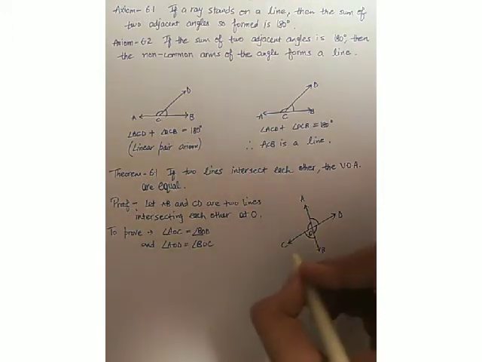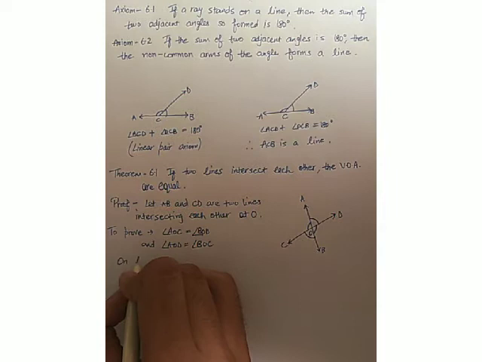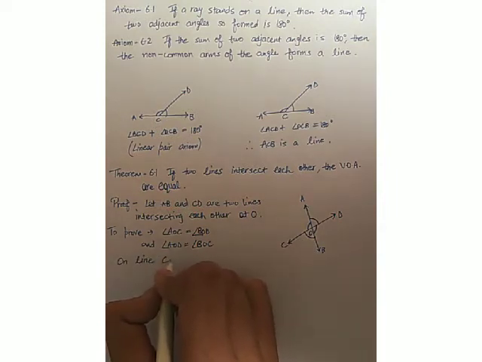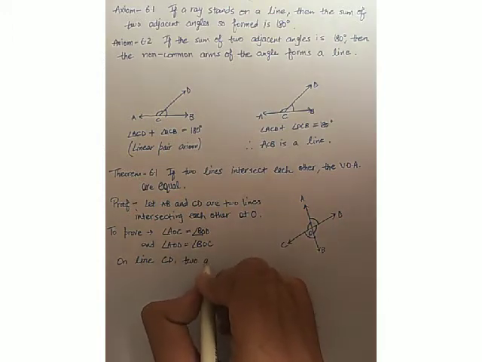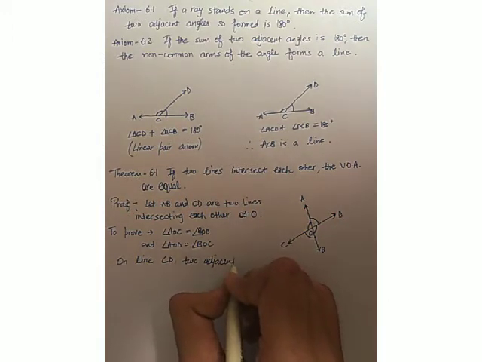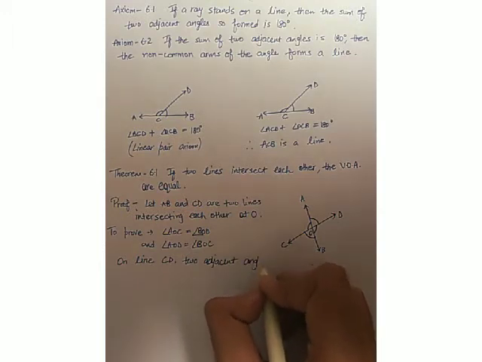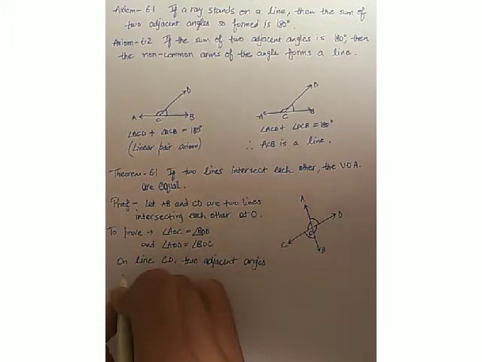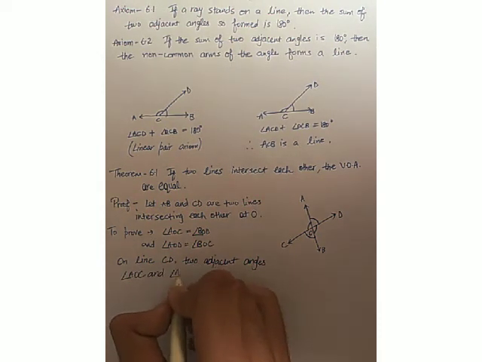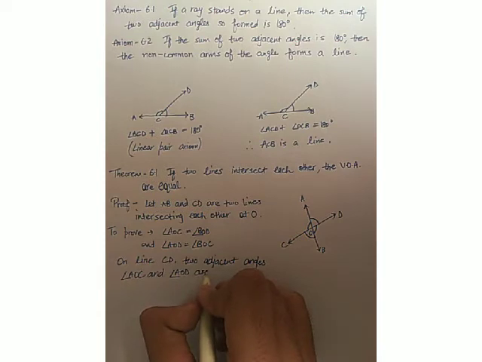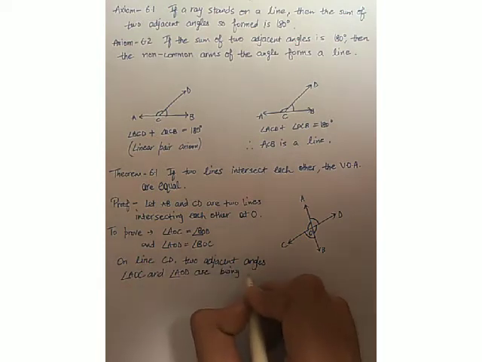Okay, so now firstly consider the line COD. On line CD there are two angles which are adjacent. Which are those angles? AOC and AOD. Two adjacent angles, angle AOC and angle AOD are being formed.